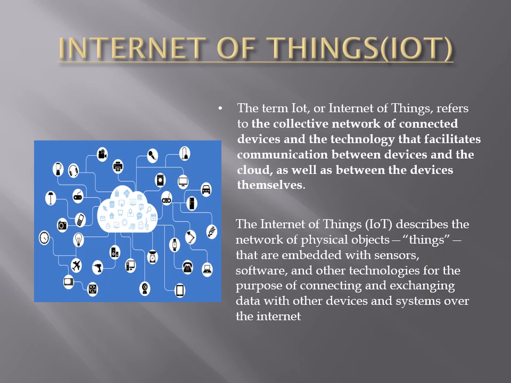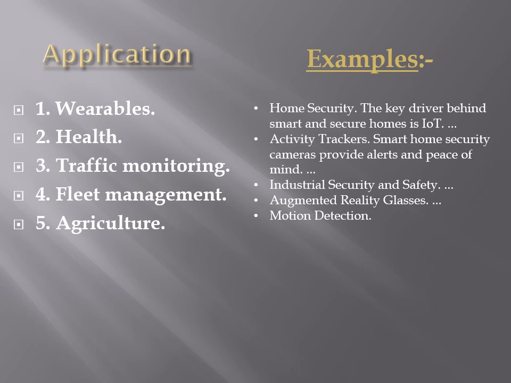The Internet of Things describes the network of physical objects, things that are embedded with sensors, software, and other technologies for the purpose of connecting and exchanging data with other devices and systems over the internet. Applications are wearable health, traffic monitoring, fleet management, and agriculture.